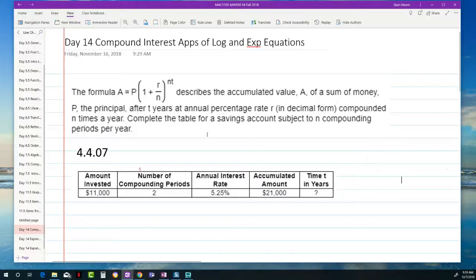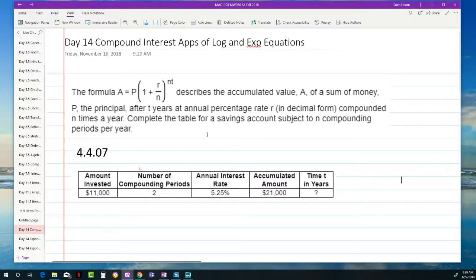And it has this interesting effect because every time they add in part of the interest, then on the next interval of time, they add interest to the interest, and then on the next interval, interest to the interest on the interest. So that's why it's called compounded, and that's also why it has an equation or formula that is in exponential form.